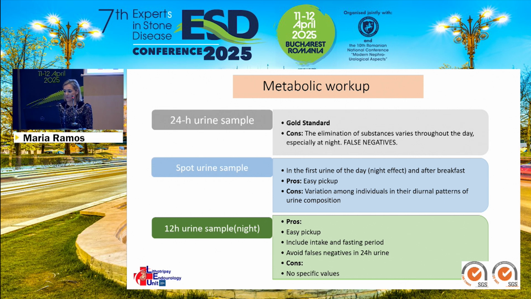But there are limits because the results may vary with collection time and patient sex, body weight, and age. As another alternative, some authors defend the use of a 12-hour night urine sample because it has easy pickup, includes intake and fasting period, and avoids false negatives of 24-hour urine, but as an inconvenience, there are no specific values.